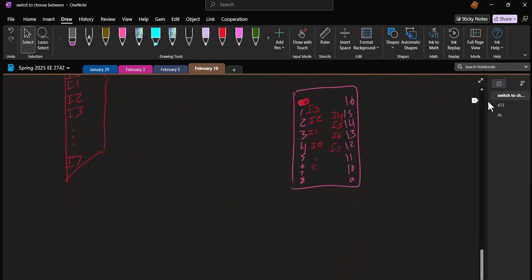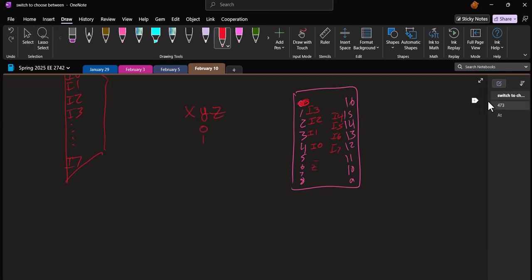Okay. So just to be clear, from our chart, we have X, Y, Z. We have them as binary numbers. We also have them as 0, 1, 2, 3, 4, 5, 6, 7. Those correspond to I0, I1, I2, I3, I4, I5, I6, I7. And those will correspond to pin numbers 4, 3, 2, 1, 15, 14, 13, 12, if I recall.